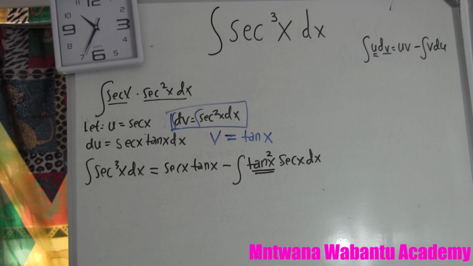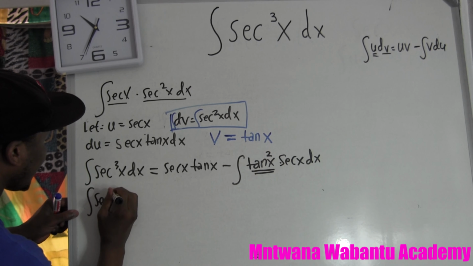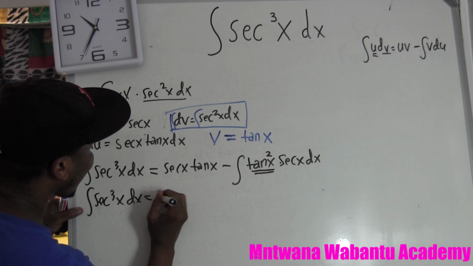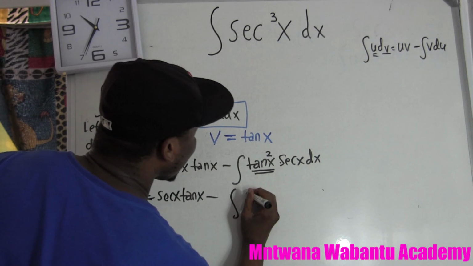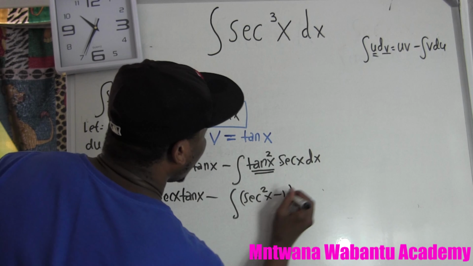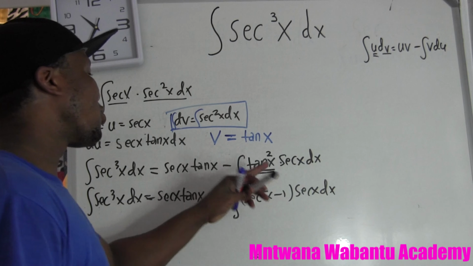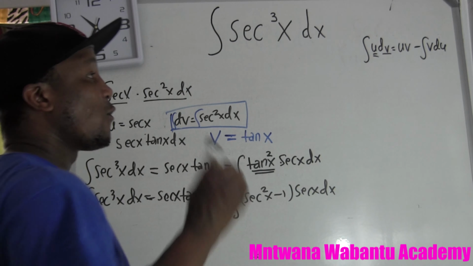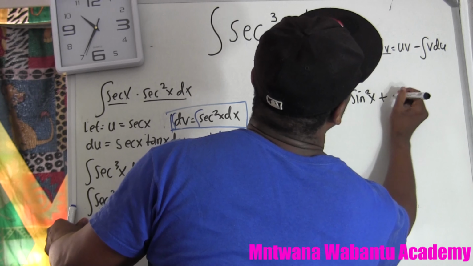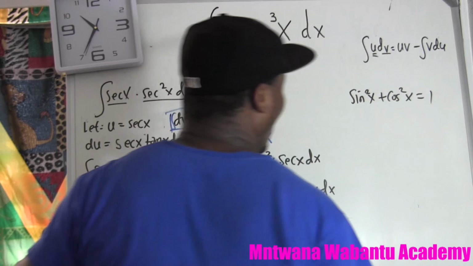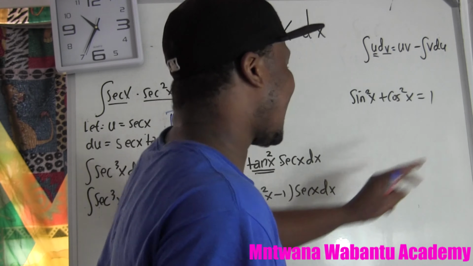So what I'm going to do is replace tan squared, which equals sec squared minus 1. So the integral of sec cubed x dx equals sec x tan x minus the integral of sec squared minus 1, times sec x. For those who ask how we know tan squared x equals sec squared minus 1: from the trig identity, sine squared x plus cosine squared x equals 1.